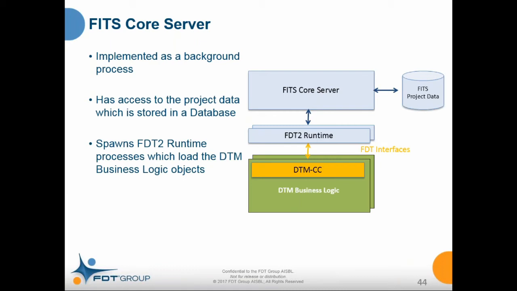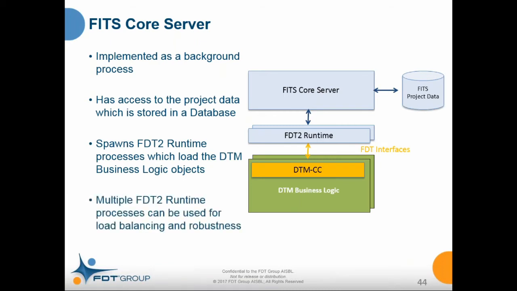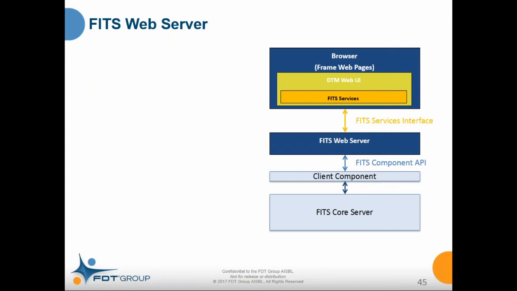And in order to host DTM business objects, it spawns FDT2 runtime processes. These processes actually load the DTM business objects. We can have multiple of these processes, and each one can host one or more DTM business objects. This is in order to use this for load balancing, for example. These processes could even run on different machines, so it's quite flexible and scalable even to very large projects.